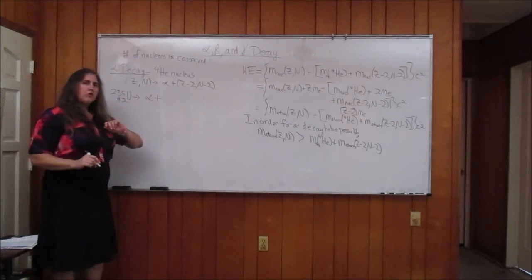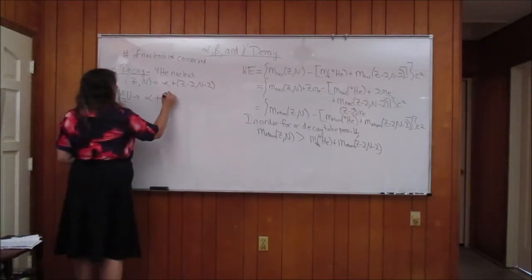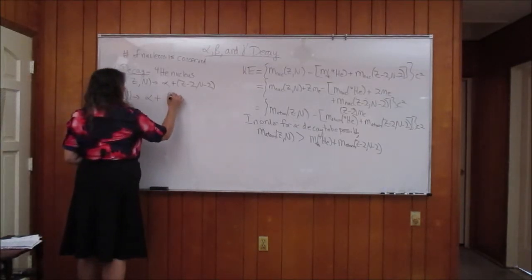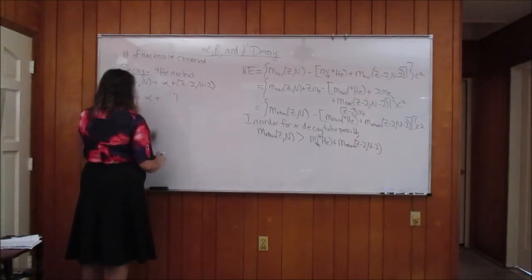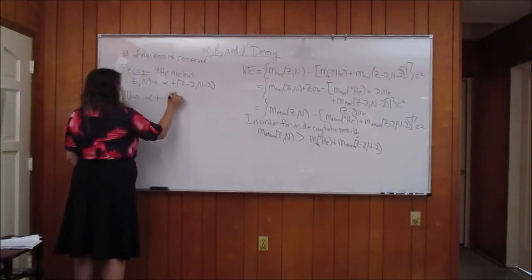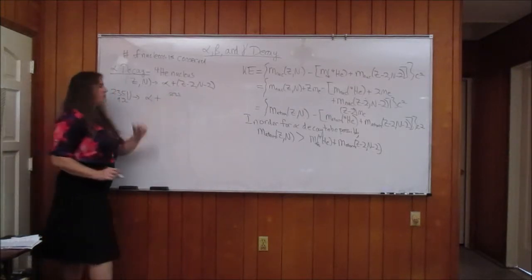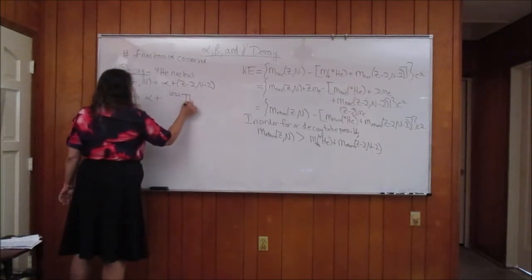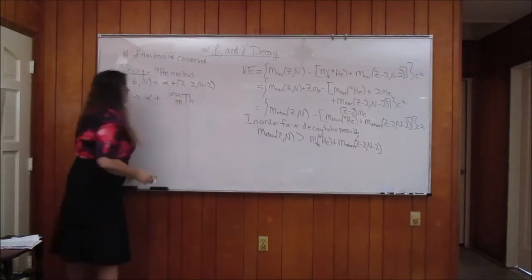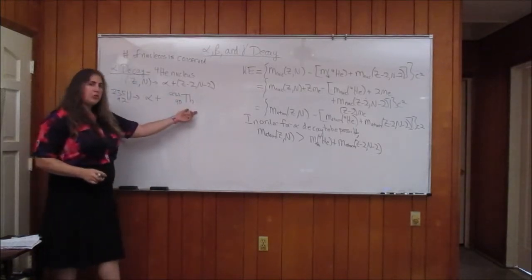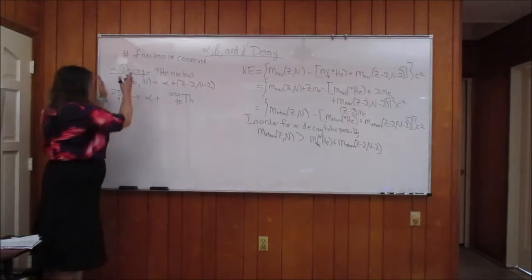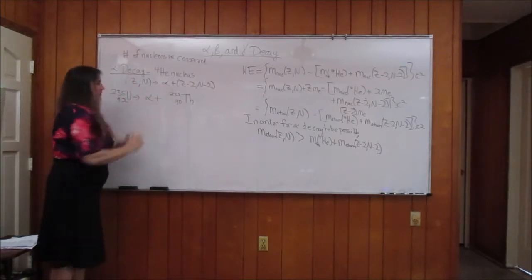Its daughter nucleus is going to have 4 fewer nucleons, which means the total number of nucleons is now going to be 231. And it will have 2 fewer protons, and that is the element thorium. So I want to compare this mass with the sum of these two masses.